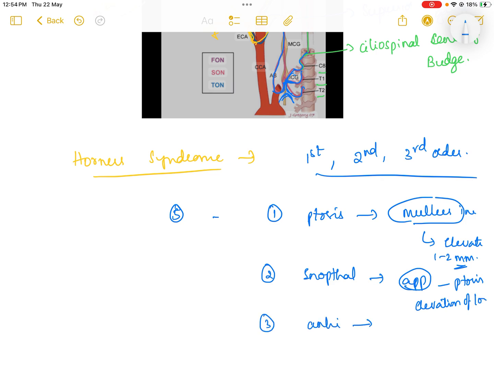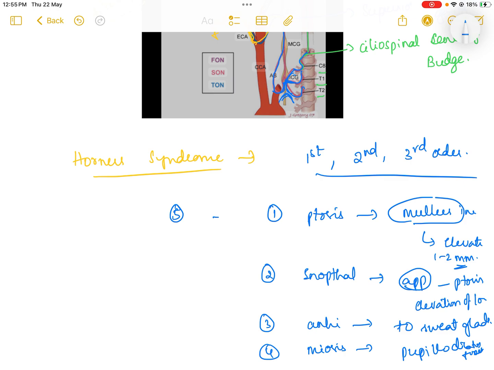Anhidrosis is secondary to absence of sympathetic innervation to the sweat glands in the face. Miosis is due to involvement of pupillodilator fibers.